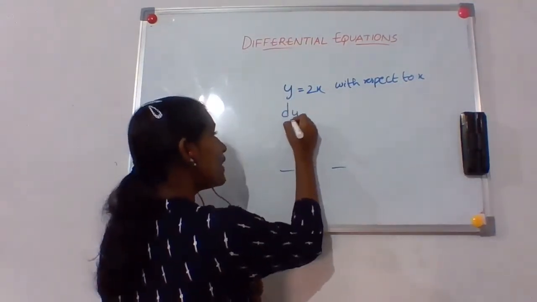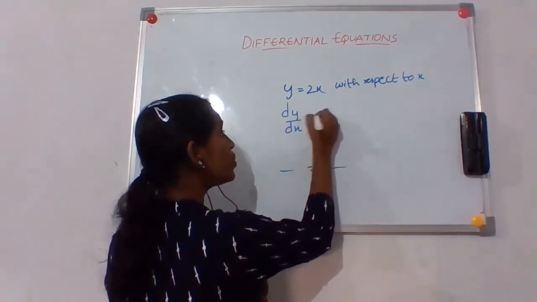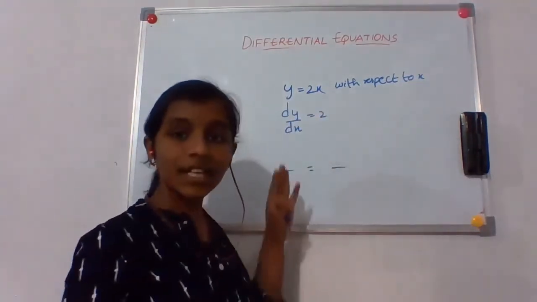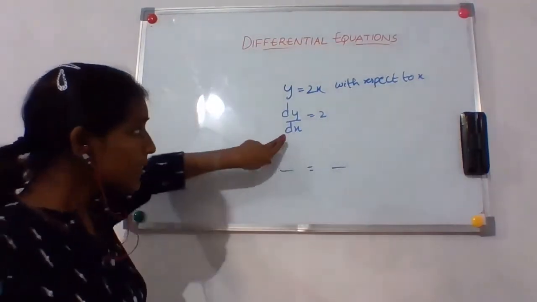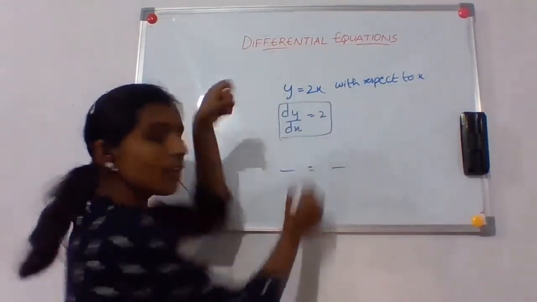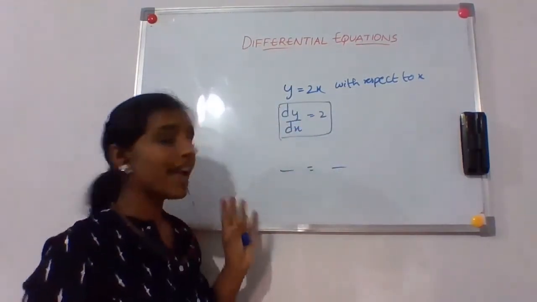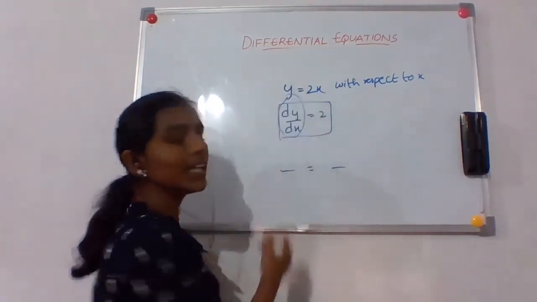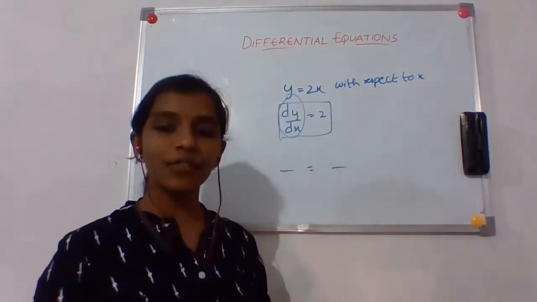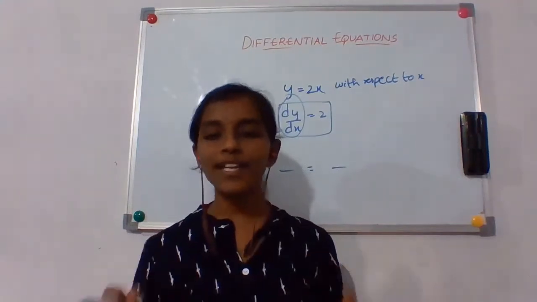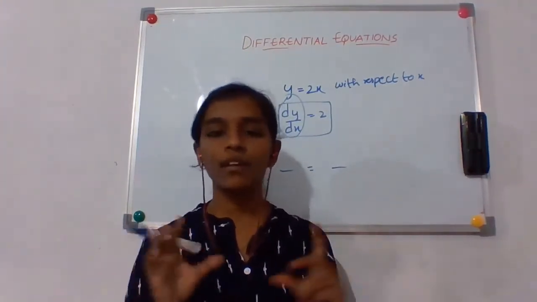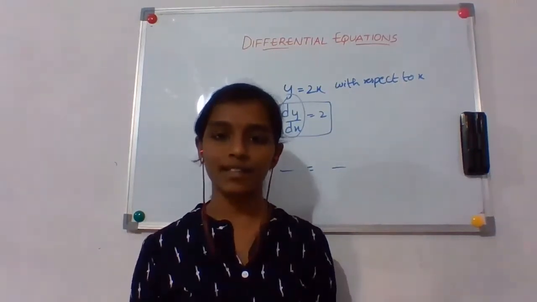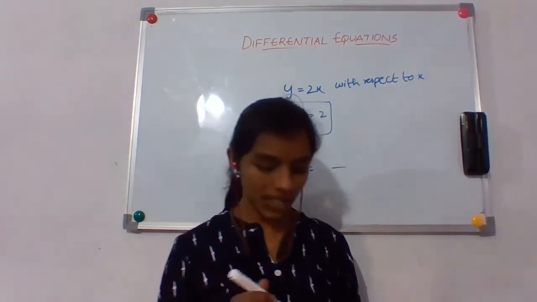I get dy by dx equals 2. Am I right? dy by dx equals 2. So now this is one differential equation. We are equating two things and I have a differential term over here. So that is known as a differential equation. Okay, a very simple thing. We need a differential term in that equation and one simple equation. That's it. That is known as a differential equation.